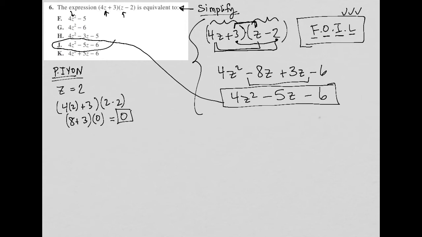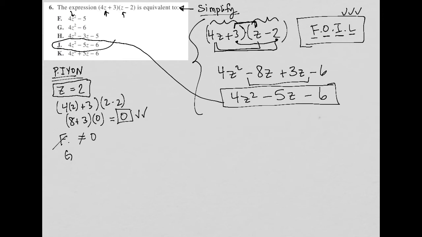The next stage of this strategy is to take that same z equals 2 and plug it into the answer choices and see which one of the answer choices gives you a matching answer to what you got by plugging that number into the question. So choice F, for instance, when I plug 2 in for z, I do not get 0, so F can't be correct.